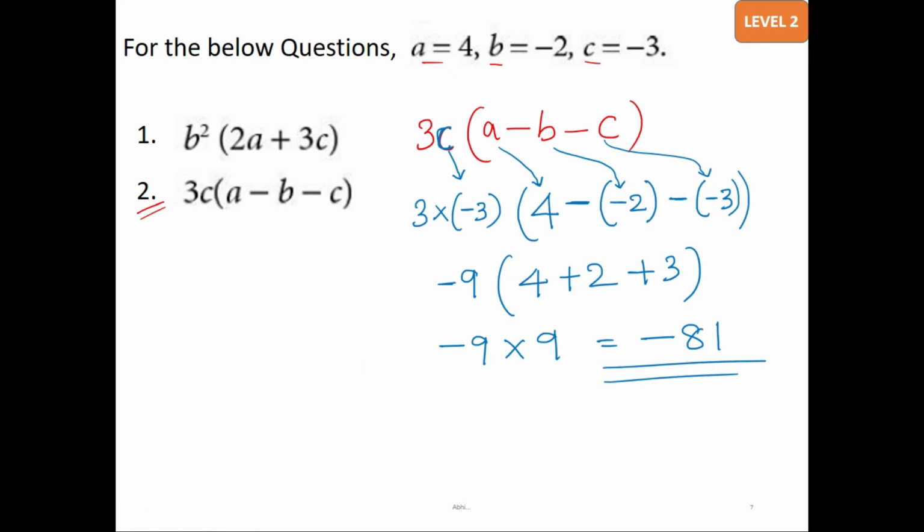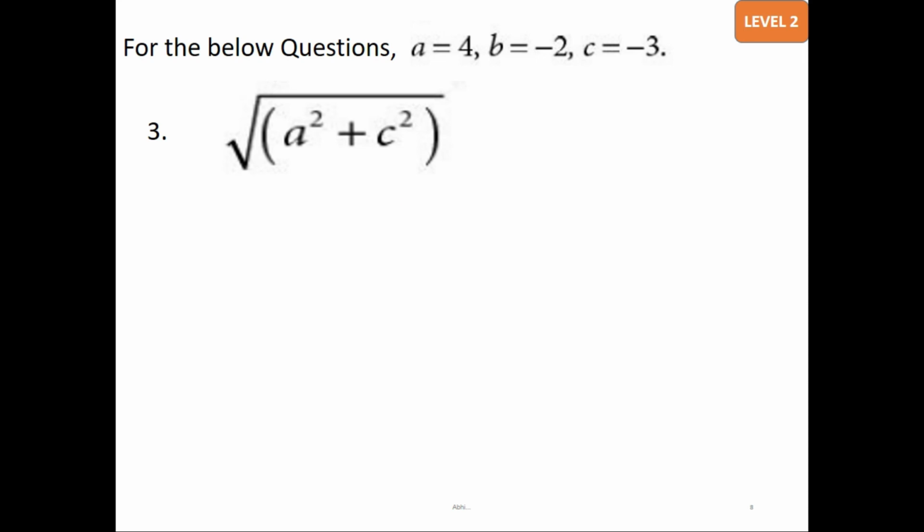Moving on to a different pattern of questions now. In this question, you can see a square root given to you in the expression. So let's start substituting. A squared, so I keep the same brackets, A squared is 4 squared, plus C is negative 3.